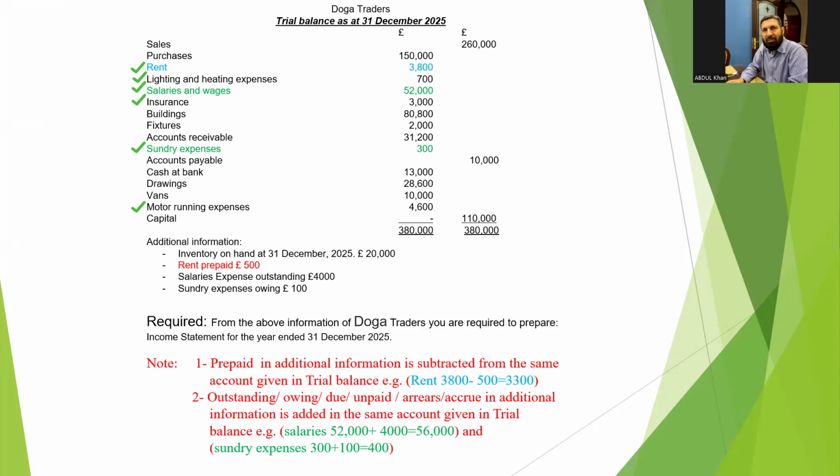Expenses. Number one, rent. Rent how much? 3,800. But rent is prepaid, so you will write 3,800 minus 500. Then you will get 3,300. Okay.